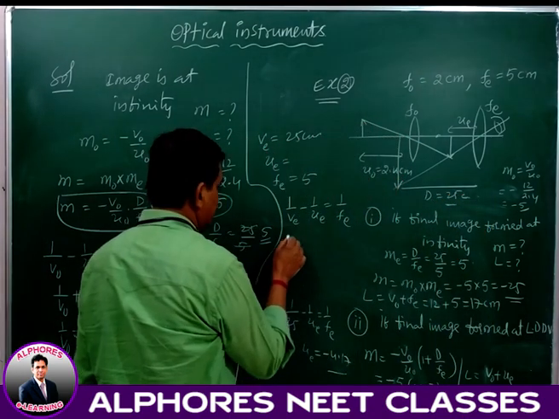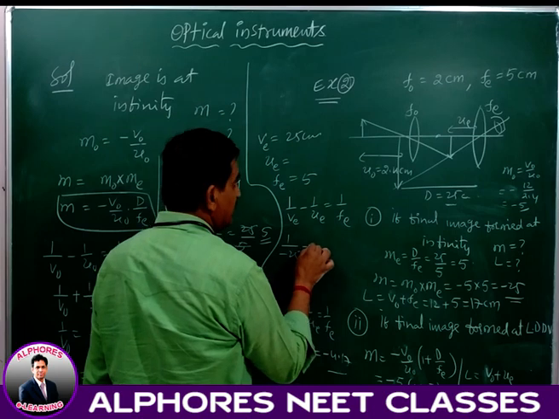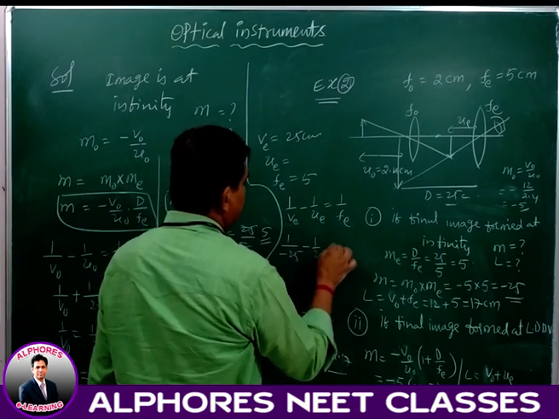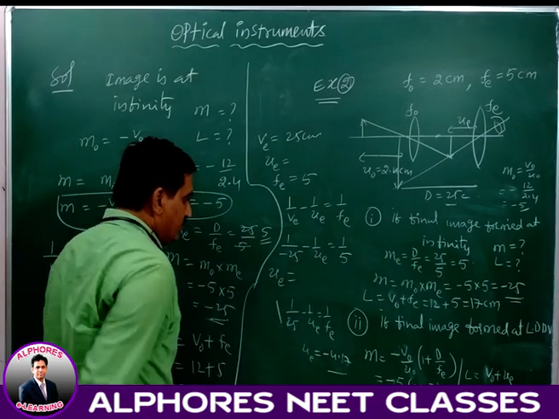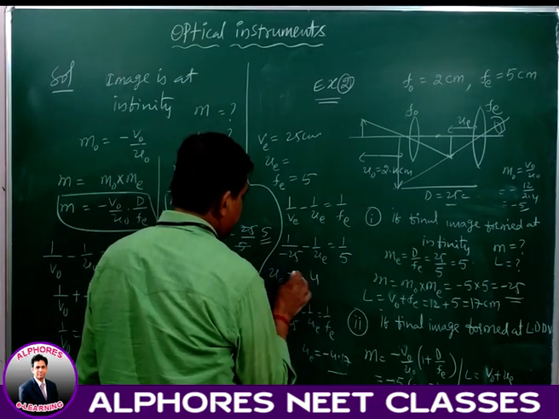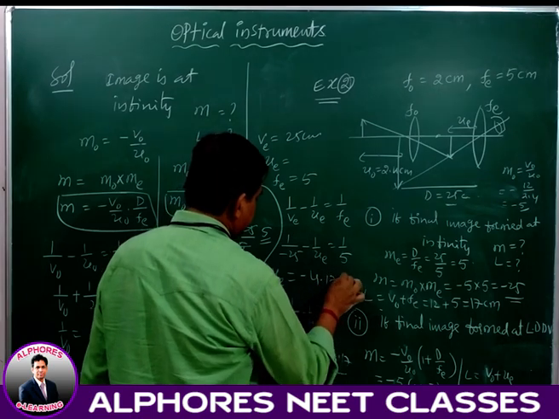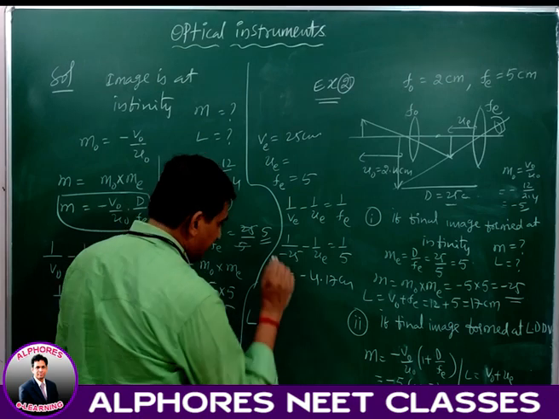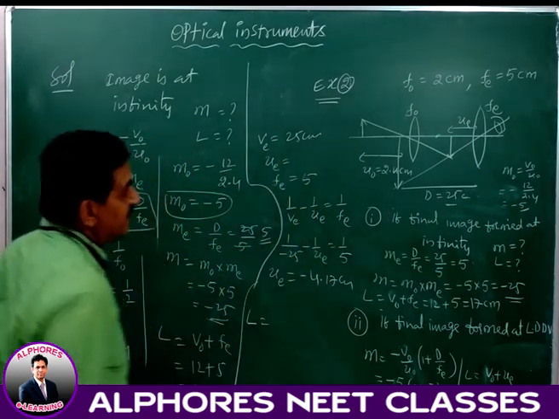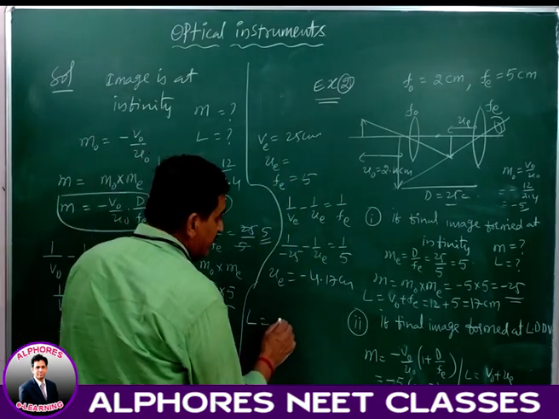Using sign convention, 1 by minus 25 minus 1 by ue is equal to 1 by 5. By simplifying this, ue is equal to minus 4.17 centimeters.